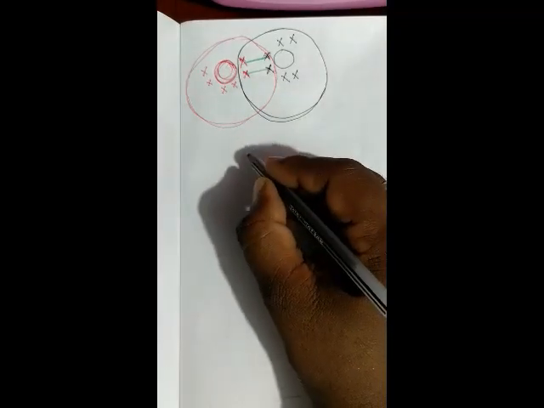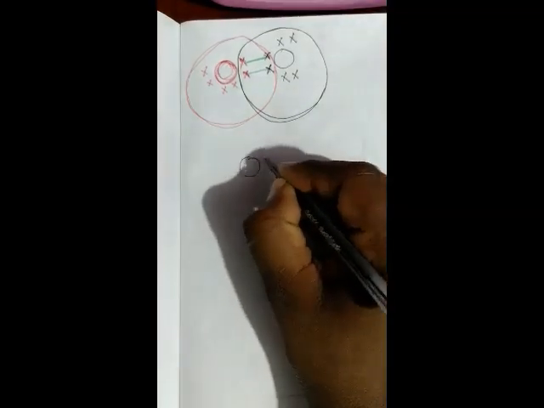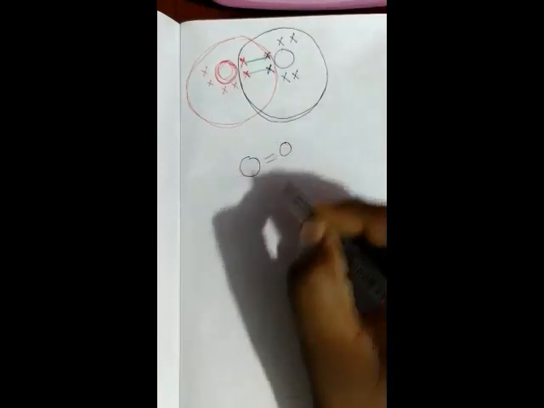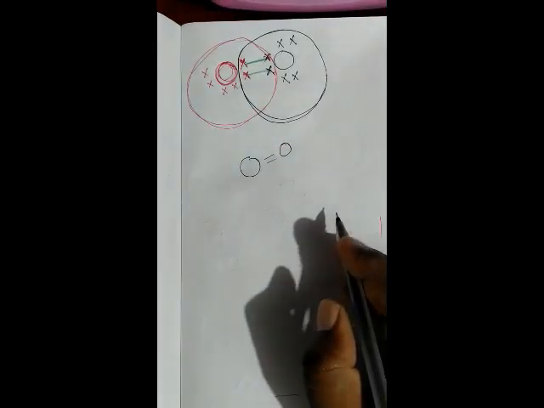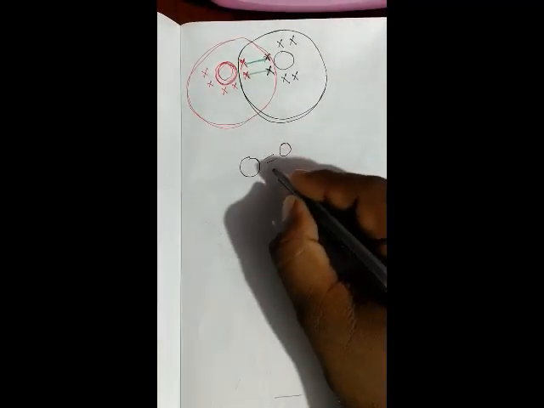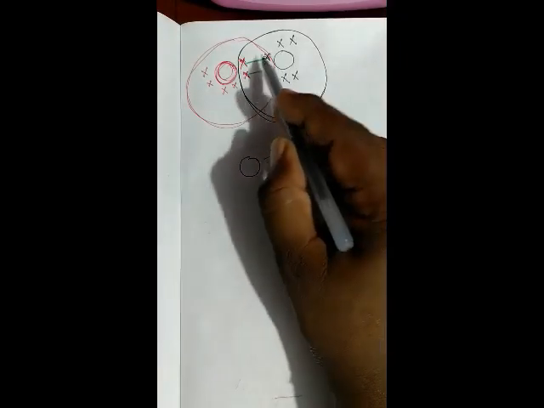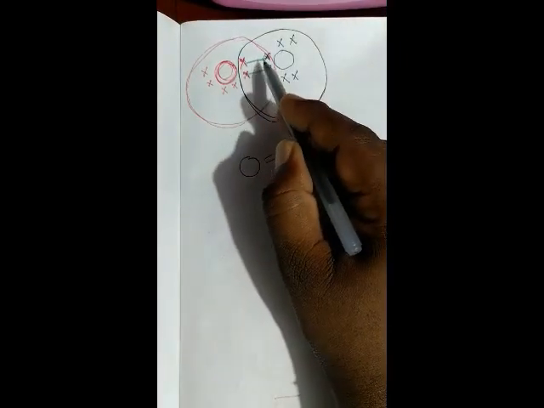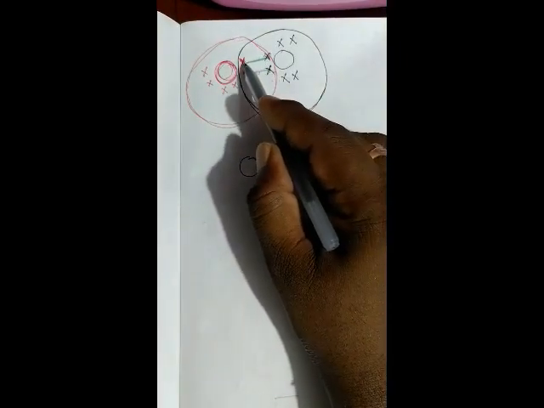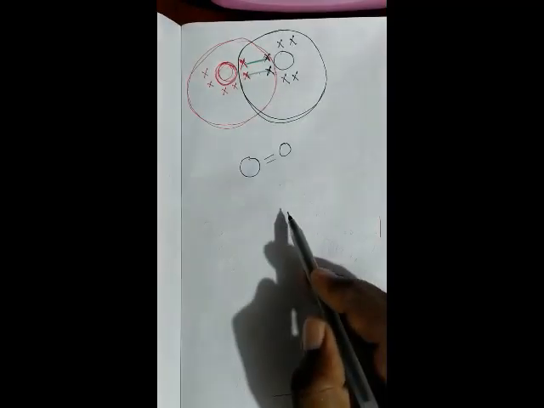So that's why the oxygen molecule is written as O double bond O. Between the two oxygen atoms, a double bond is present because two bonds are present, and these two bonds are completely formed by the sharing of electrons.